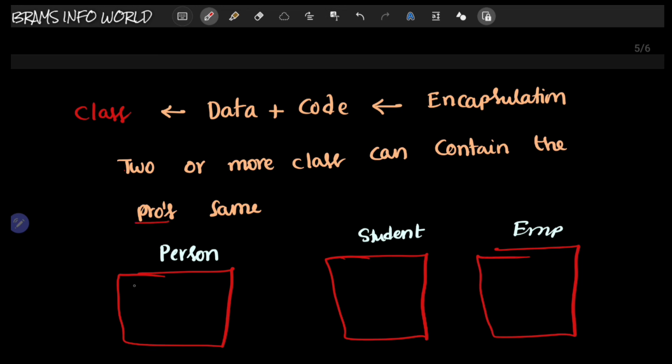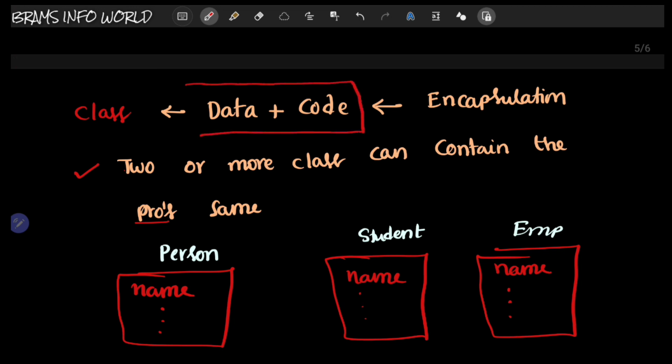So the properties are the same: name is for the person, name is for the student, name is for the employee. That is a major advantage: two or more classes can contain the same properties. And encapsulation is the wrapping of data and methods combined together, acting as a single unit. I hope you understand the concept of encapsulation. In the next video we are going to talk about data abstraction.